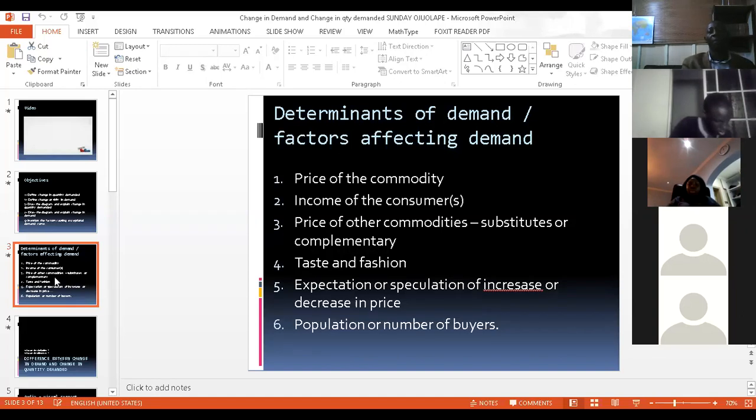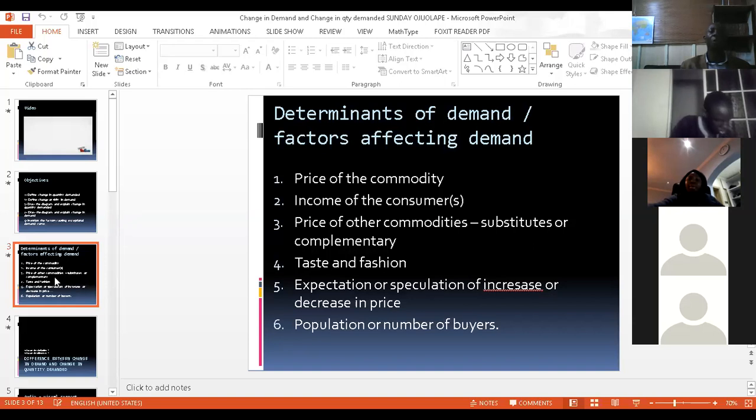Now we have substitutes in the dairy industry. We have Peak Milk, Cowbell, we have Dano and several others like that. It means they are substitutes. You can buy any of them and still get the same satisfaction from your consumption. That's what we mean by substitutes. So price of other commodities will affect demand for certain commodities.